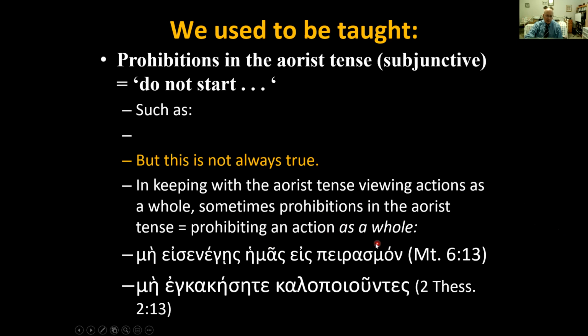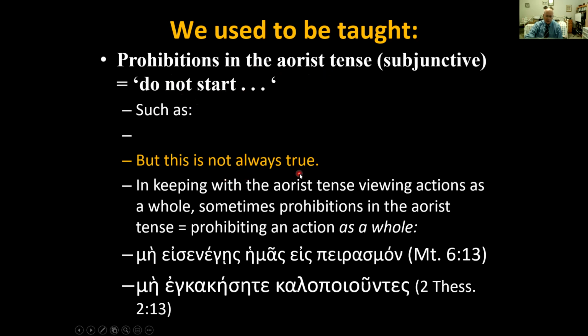So it is very common for a prohibition, a subjunctive use of the prohibition with the aorist tense, to mean do not start doing something, and for prohibitions in the subjunctive in the present tense to mean to stop doing something that you've already started. But you cannot make a rule out of this. Even though we were taught 50 years ago, this was a rule. Aorist tense, do not start, and present tense, stop doing what you're doing.